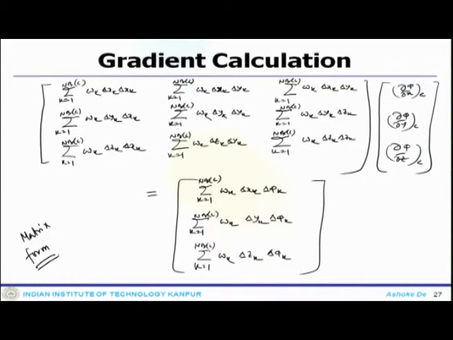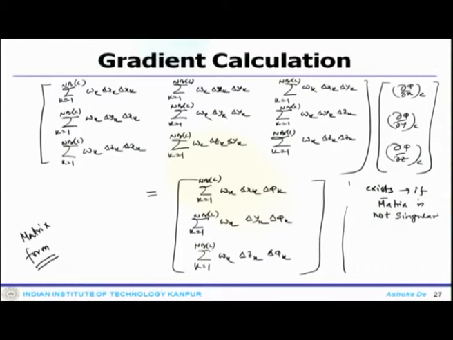Now, how do you find the solution to this particular equation? Obviously the solution exists if this matrix is not singular. So, it has to be a non-singular system.